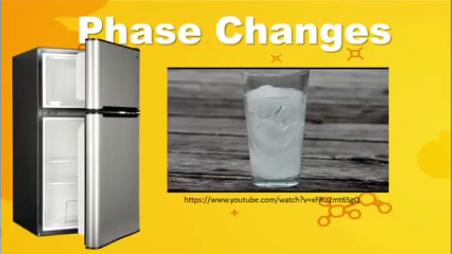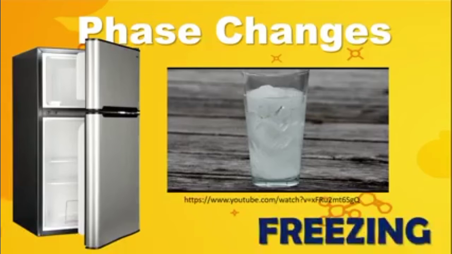As this removal of heat continues, the molecules lose so much energy that they are not able to move from place to place, but only able to vibrate in place. In time, the liquid water becomes solid water, which is ice. Freezing is the process in which a liquid is changed to a solid.